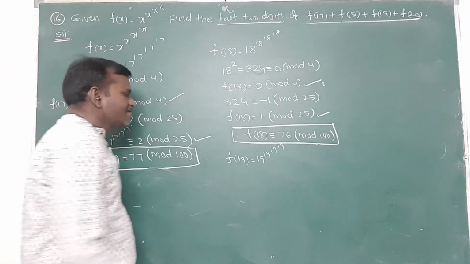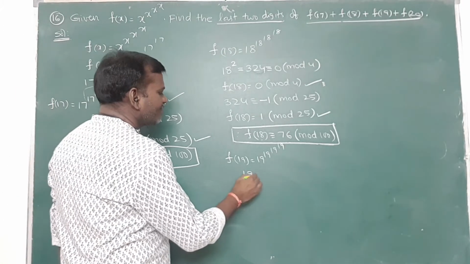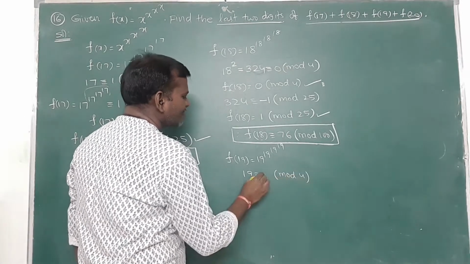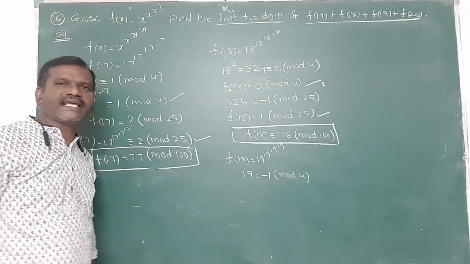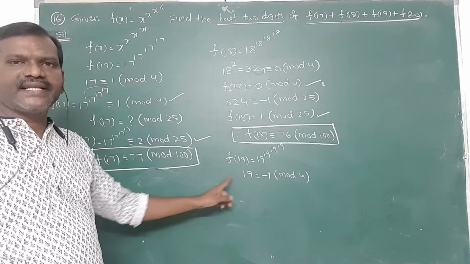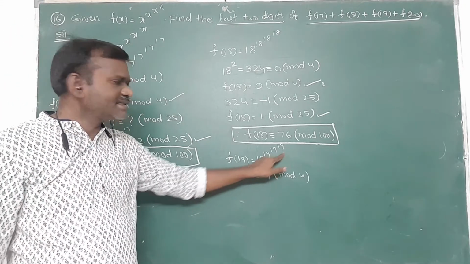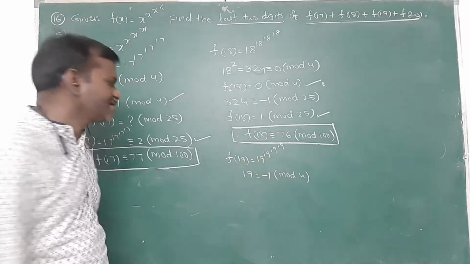So here also, first of all, 19 when divided by 4, what is the remainder? Minus 1 is the remainder. 5 fours are 20, but here 19 is the remainder, so minus 1 is the remainder. Minus 1 whole power odd number, since 19 power 19 power 19 is an odd number.